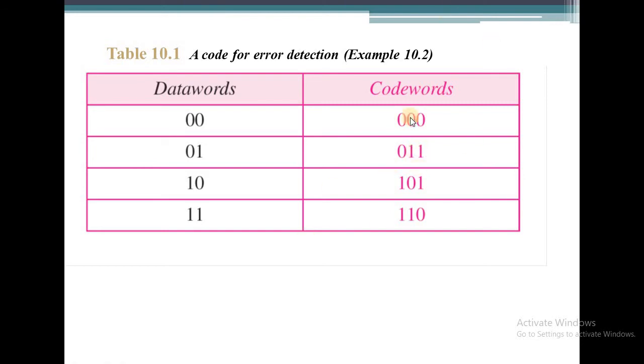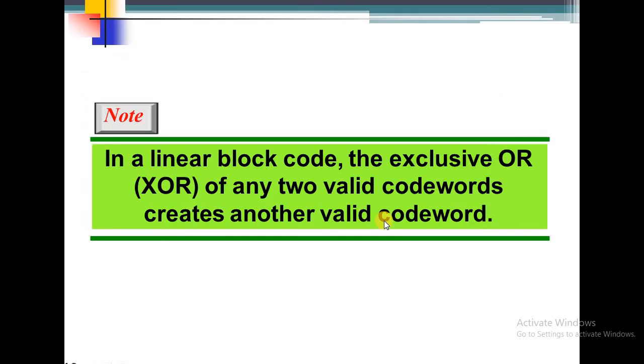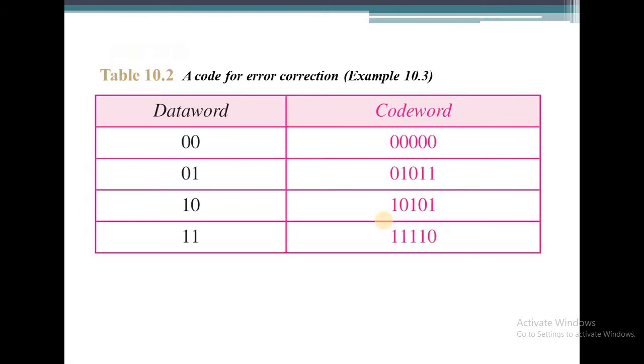If you perform XOR of 011 and 101, 0 XOR 1 is 1, 1 XOR 0 is 1, 1 XOR 1 is 0, which is the fourth code word you can see in the table. Here also it is one of the code words. You can check here, if you perform the XOR operation of any two code words, it will again result in one more code word.